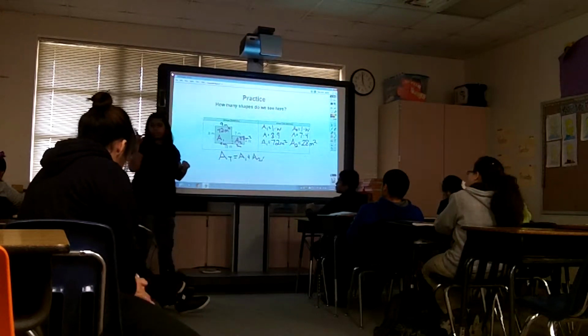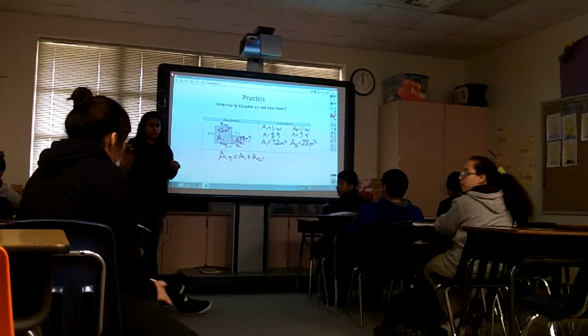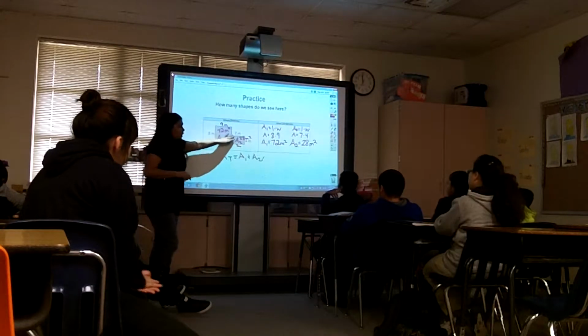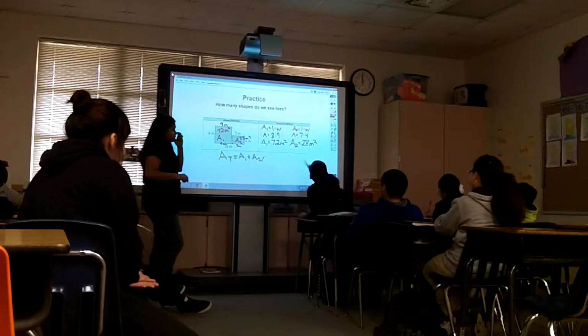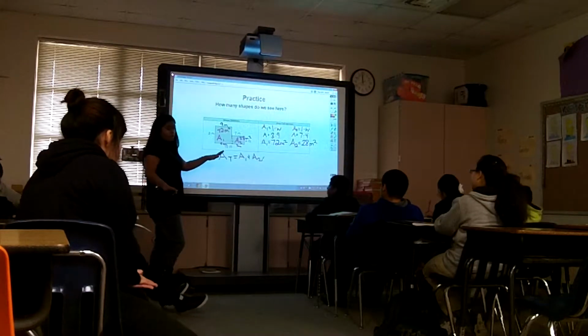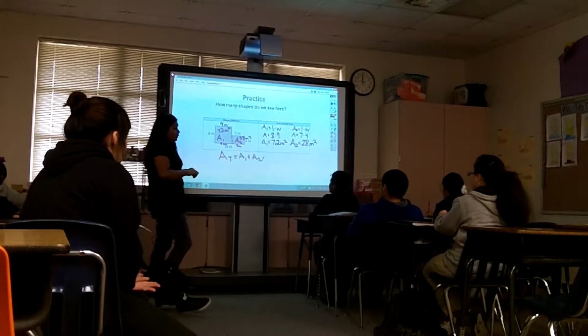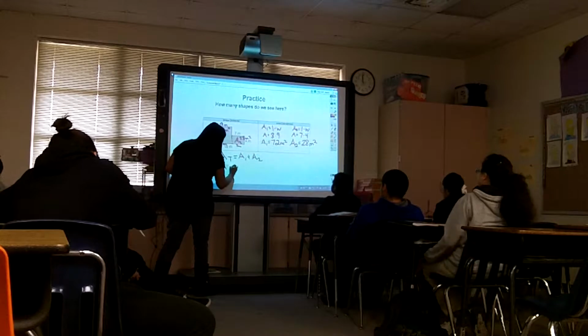Alright, any other question? Yes, Leo, what's that? The bottom is to find the total area, because the whole point of this is to find my total area. So I'm going to take the area of shape 1. What's my area of shape 1, Leo? 72 meters squared.